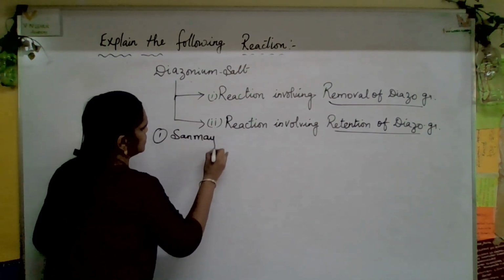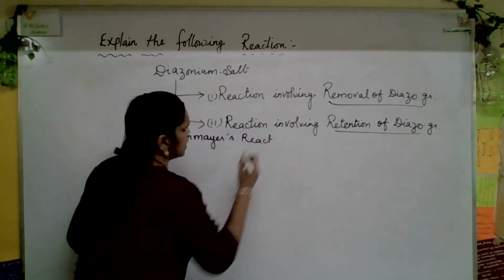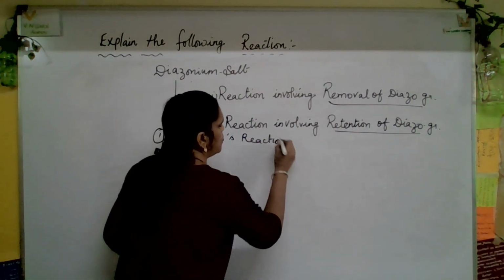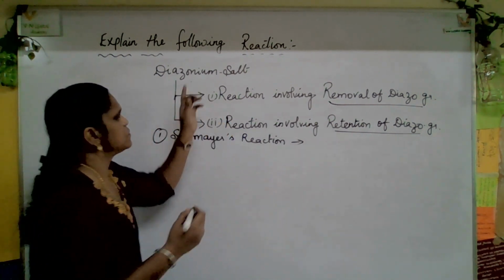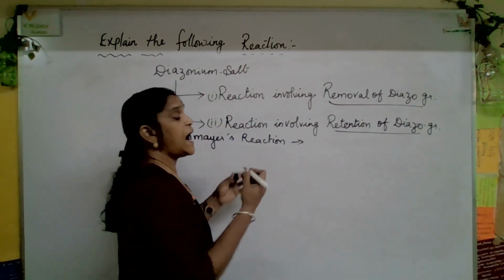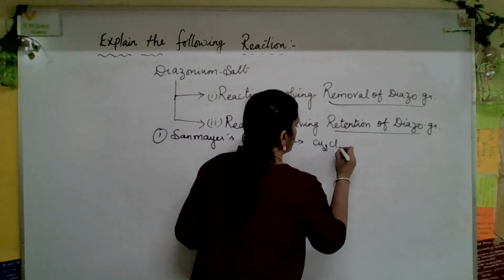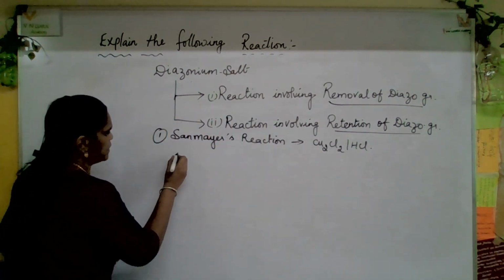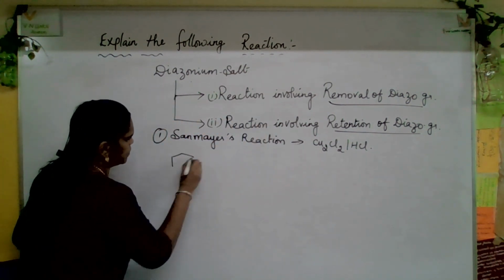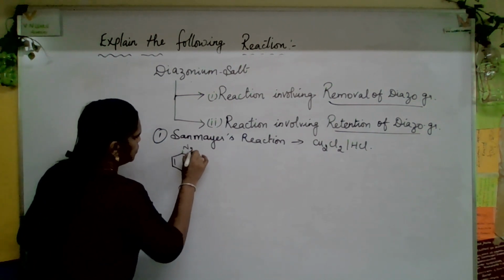Sandmeyer's reaction. So, what components are available for Sandmeyer's reaction? Of course, a diazonium chloride, and along with that, cuprous chloride, Cu2Cl2 along with HCl. Okay, now what will you get? That is the first one, diazonium chloride, N2Cl.